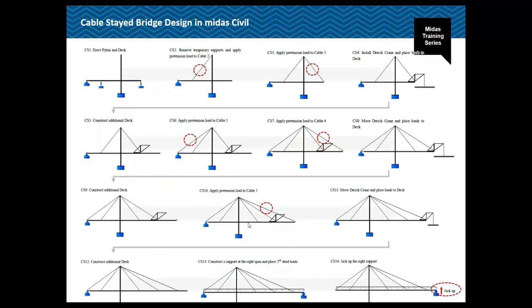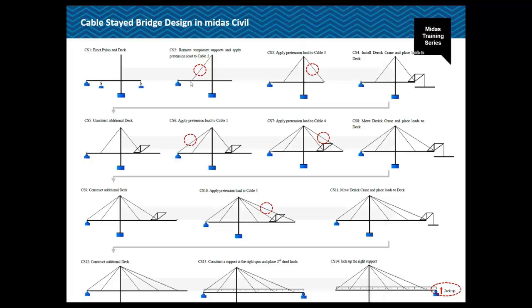How to use that? Let me explain how to use it in the construction stage. In this test model, this is the order of the construction sequence, stage 1, 2, 3, 4, 5, 6, 7, 8, and so on. As you can see, there are stages where a cable is newly activated, like stage 2, 3, 6, 7, 10, and there is additional jacking force required to install the key segment.